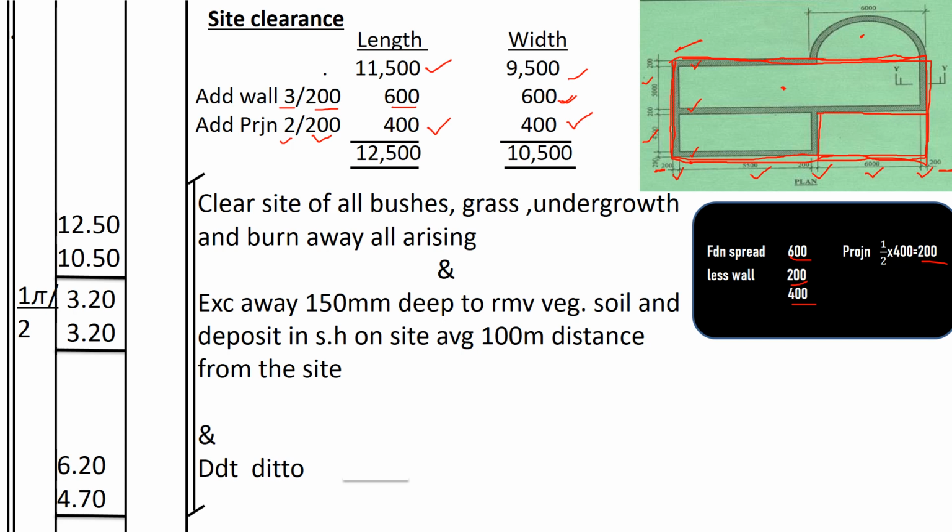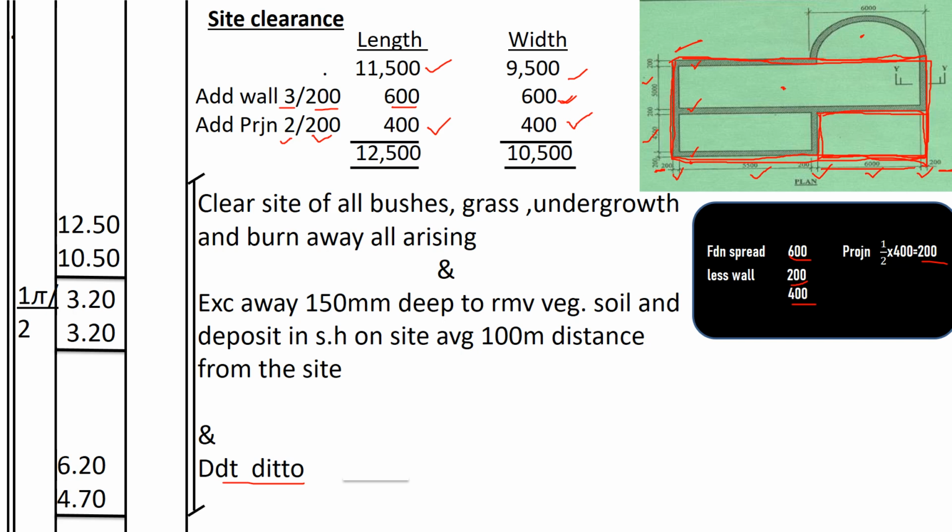Once we are done, we shall deduct this part. This part is part of the big rectangle, but we are not using it. So we shall deduct that area. So let's first jump to here, deduct detail. Here to deduct, we shall take the length of that rectangle which we are not using, 6000, plus this 200 for the wall.